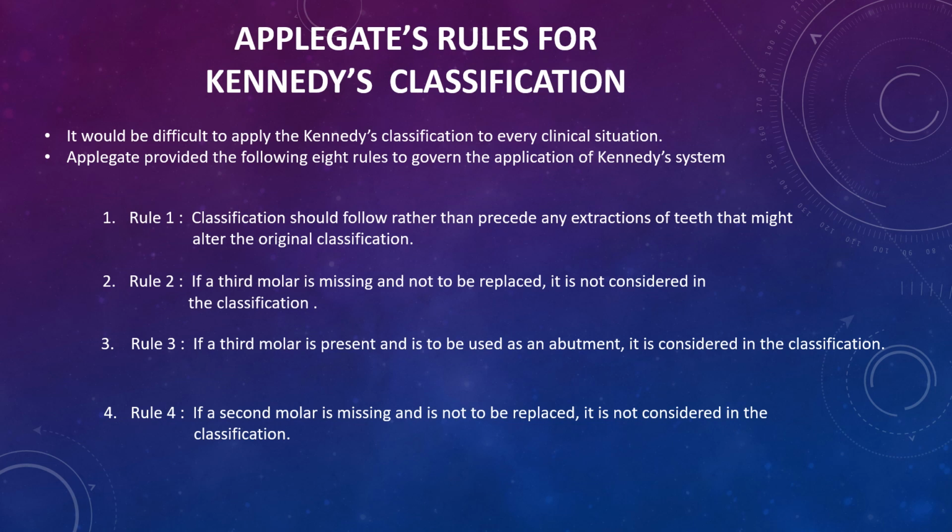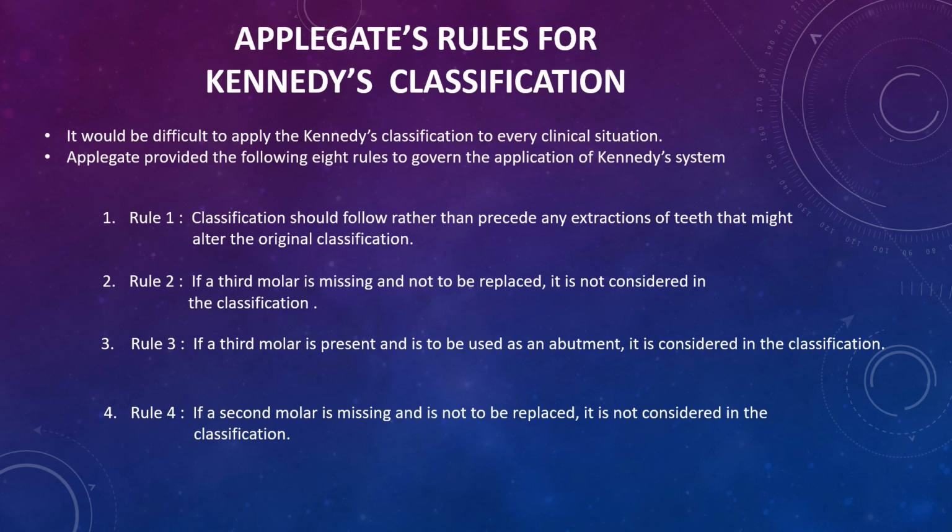They are: Rule 1. Classification should follow rather than precede any extractions of teeth that might alter the original classification. That means if we have to extract any teeth, you should do it before the classification. Rule number 2. If a third molar is missing and not to be replaced, it is not considered in the classification.